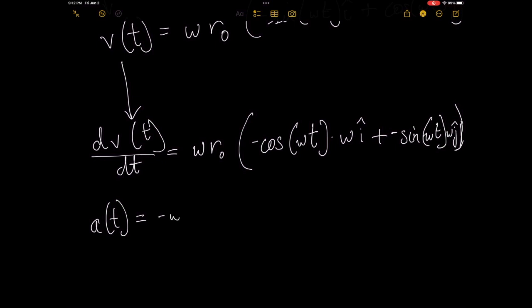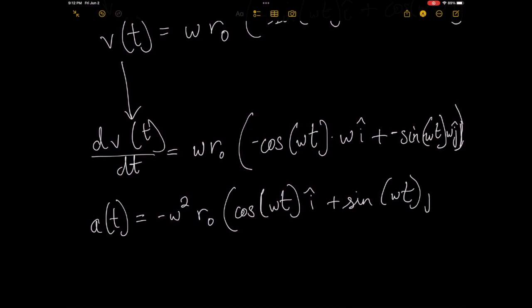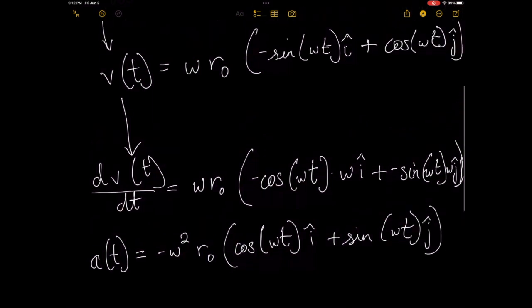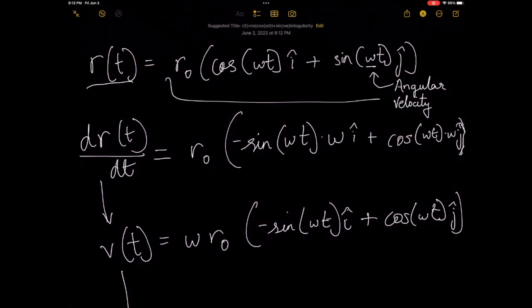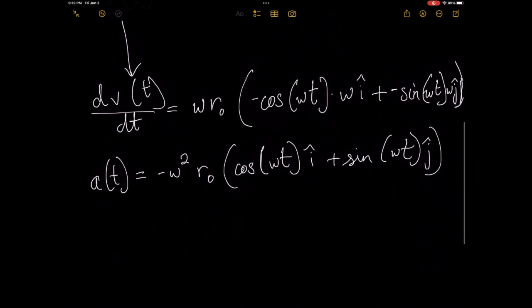So the acceleration becomes negative omega squared r0 times cosine omega t plus sine omega t. And does this look familiar? Well, this is exactly what r of t is: r0 times cosine omega t plus sine omega t.